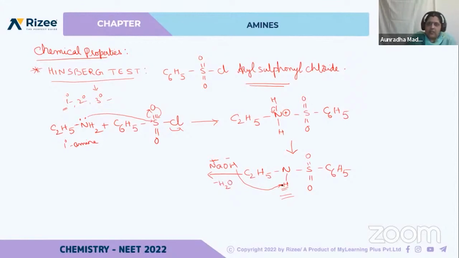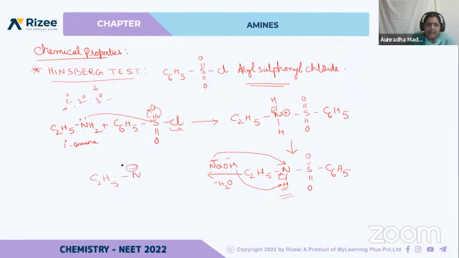Before going out, what does this hydrogen do? It gives its electrons to nitrogen and the bond is going to break. At this stage, nitrogen is having a negative charge. So this Na plus will come and help the nitrogen, forming a salt. So finally, what's going to happen?